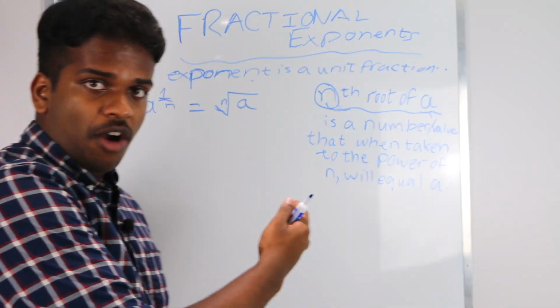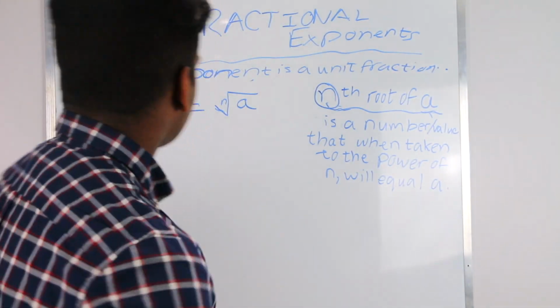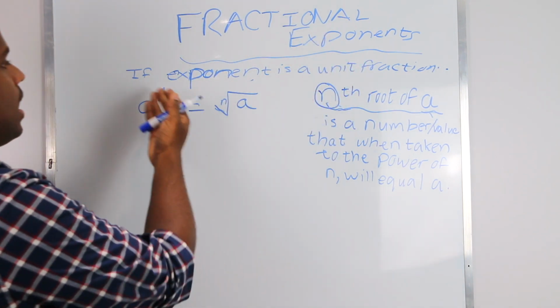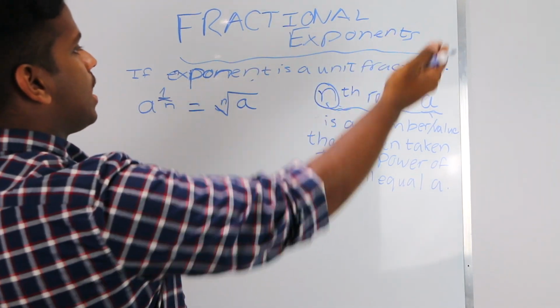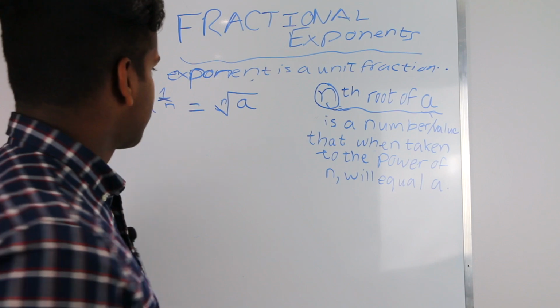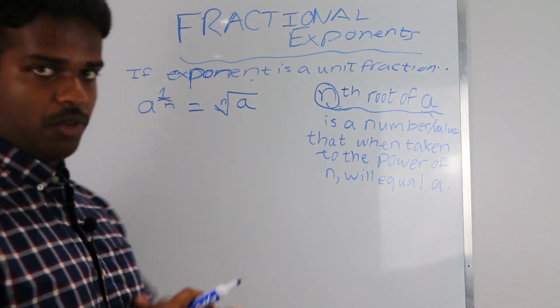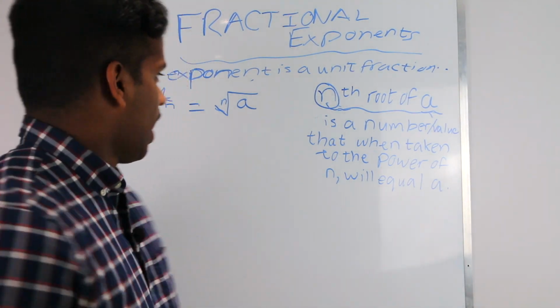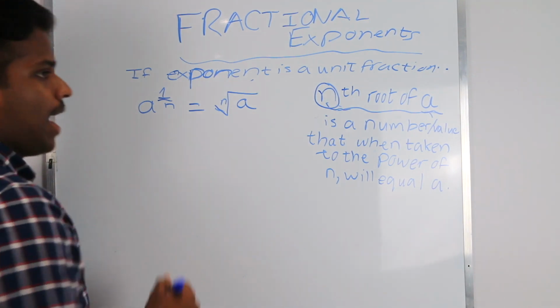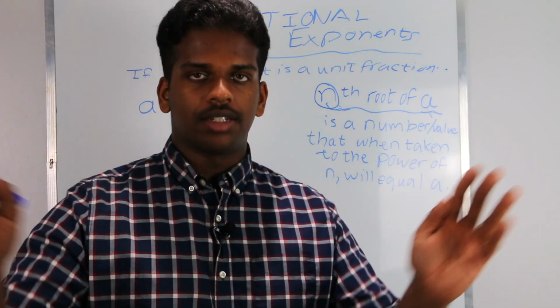As you've already noticed, I've written some stuff on the board. Fractional exponents, if the exponent is a unit fraction. Just to make things clear, let A represent any real number, and let n represent any positive or negative integer.